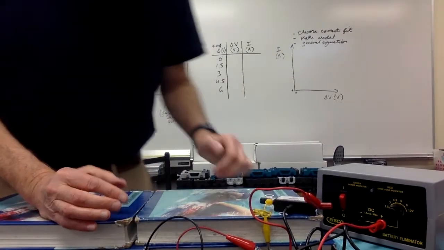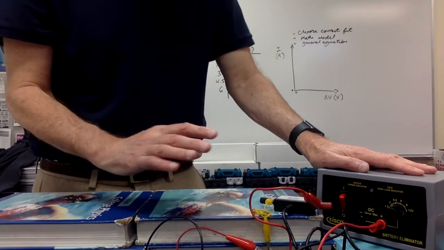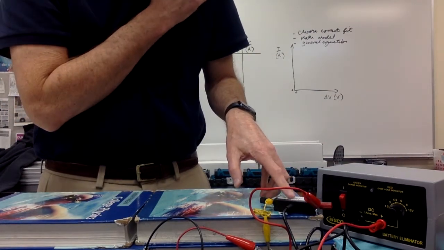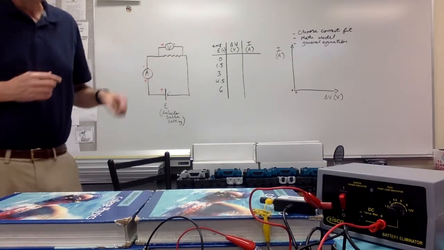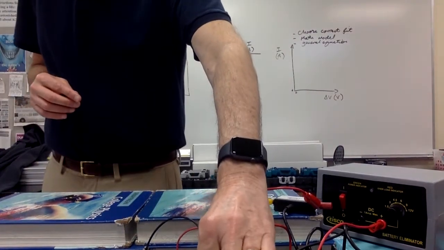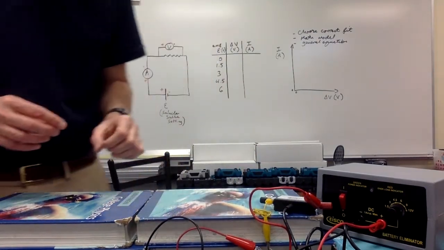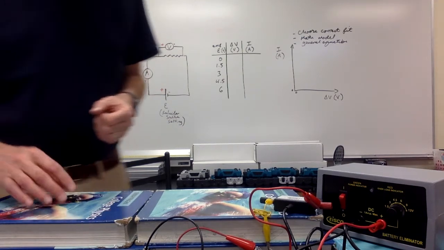I have a power supply that substitutes for the battery, and a bunch of wires. This is the equipment: a current probe that measures amps, current, a voltage probe that acts like a voltmeter and measures volts, and a resistor.